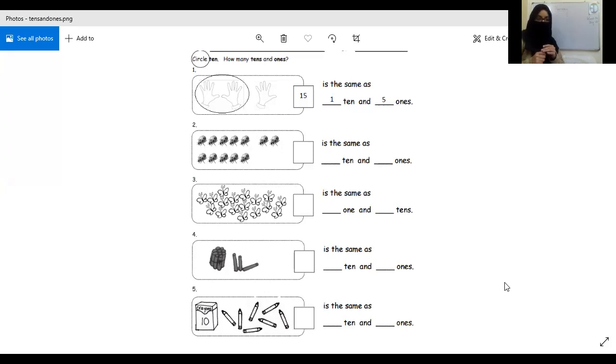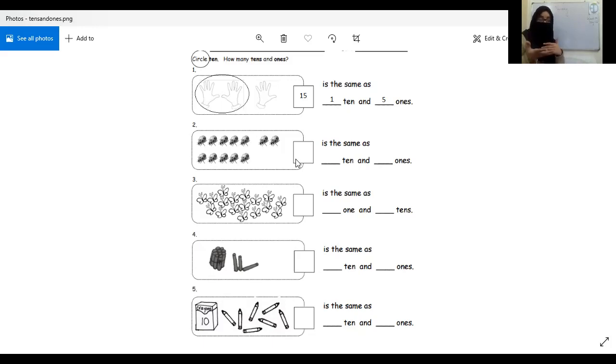So, let's start with the first. Let's say the first one they have solved for you. There is no picture over there. The hands are shown, right? Can you see the hands? Okay, good. So you need to solve in the same manner as the first part is solved. In the first, there are two hands, and when you count them together they are 10, right?